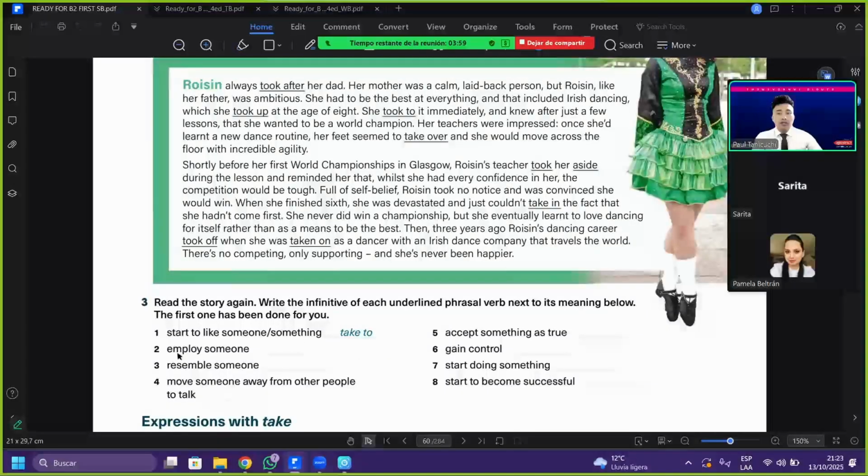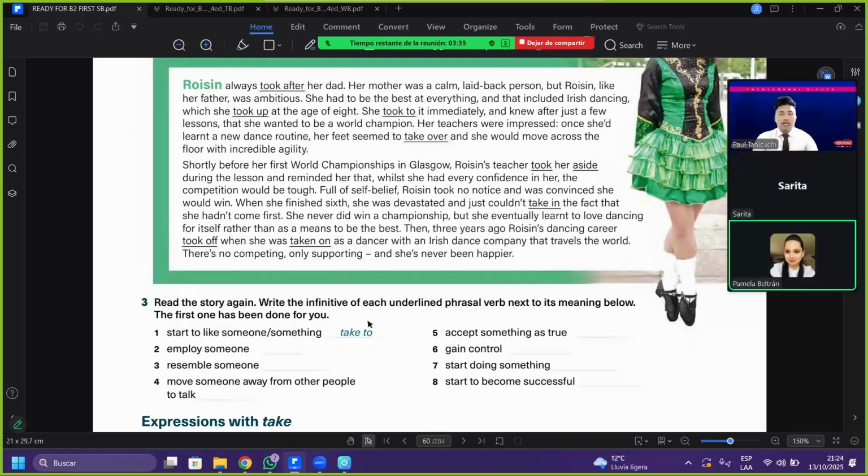Number 2, to employ someone. What do you think of these phrasal verbs, apart from take to, of course? Do you have any idea, just according to the context?